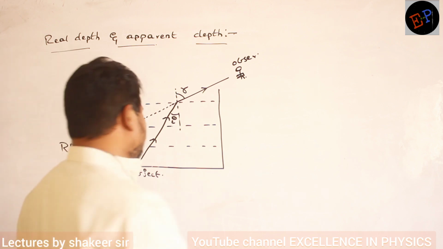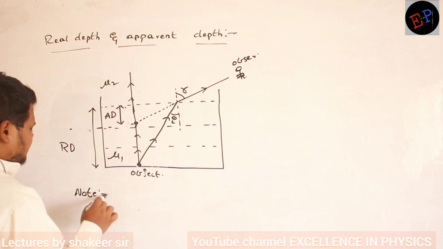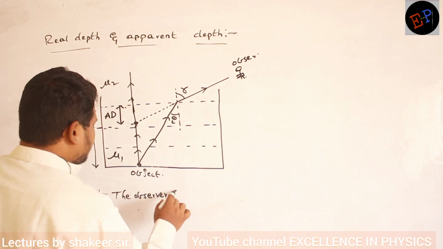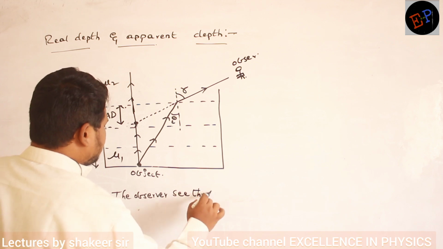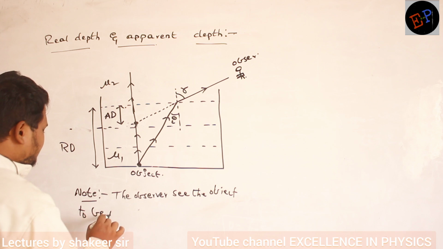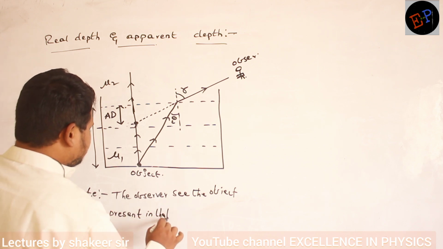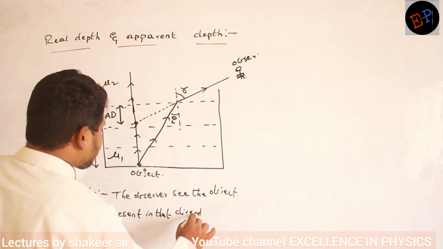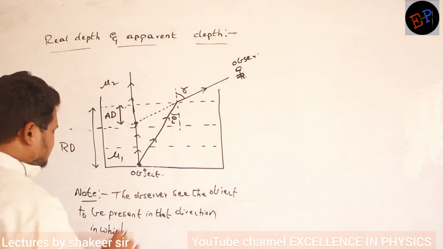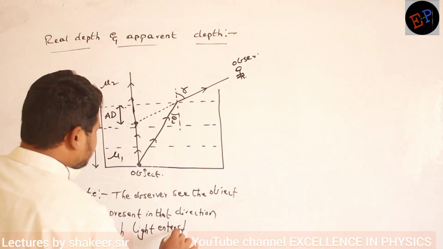Okay. So let us write some note points here. What are the note points we have to write? Note points are that the observer sees the object to be present in that direction in which light enters his eyes.